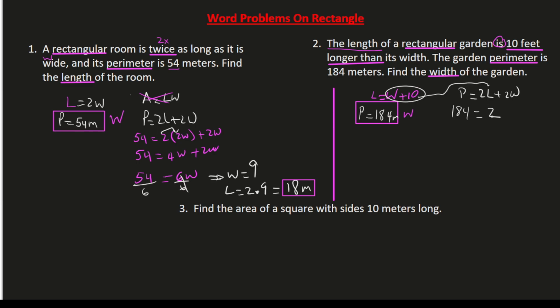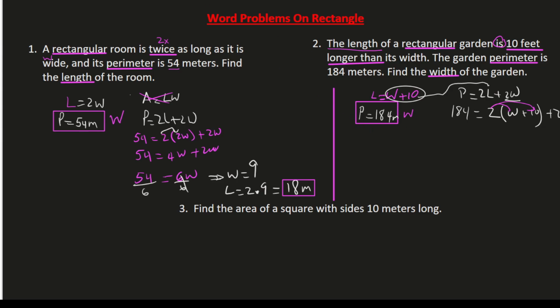And we're going to factor W plus 10, plus the 2W we got here. So now we need to distribute the 2 here. That's what we're going to do now.